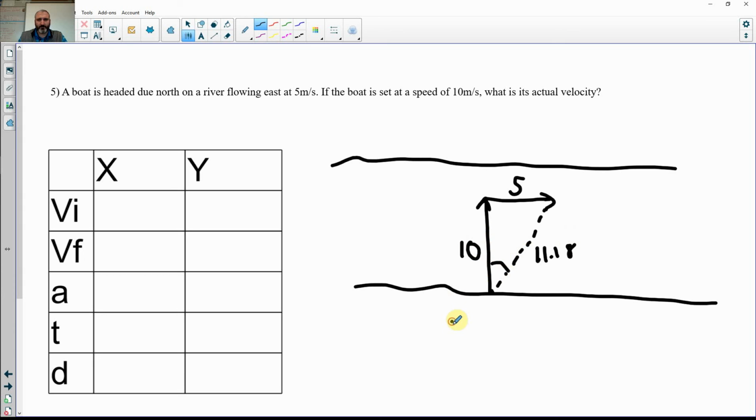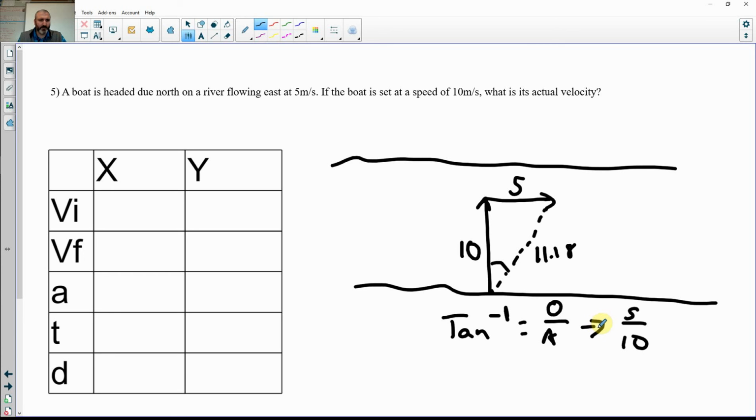And then for the angle, we're going to use the opposite and the adjacent side. When you're figuring out the angle, you're going to do inverse tan of the opposite over the adjacent, which is 5 over 10, so inverse tan, 5 divided by 10.